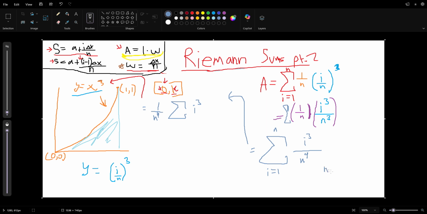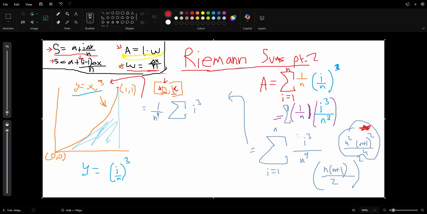I'm going to draw it in the bottom right. It is n times n plus 1 over 2, whole squared. So I'll just simplify it to n squared times n plus 1 squared over 4. So this is what we're looking at.